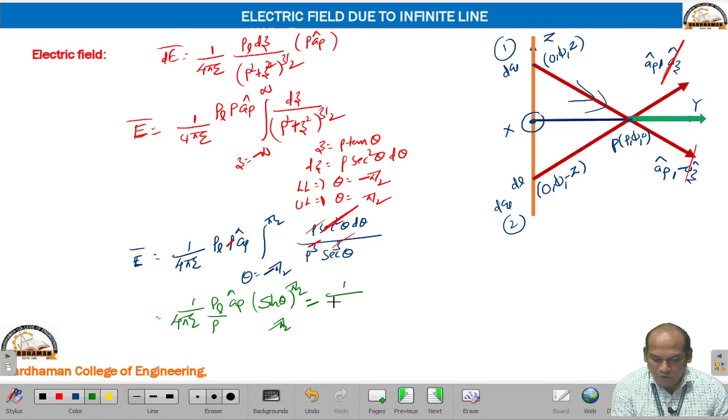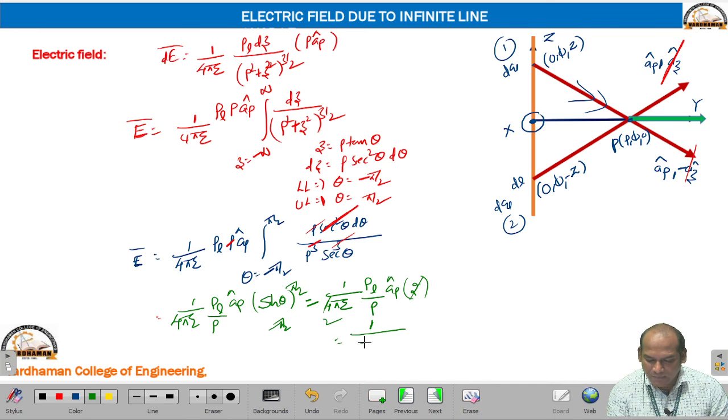So 1 by 4 pi epsilon rho L by rho A rho cap into 2. So 2 ones are 2, twos are, that means you have rho L by 2 pi rho epsilon A rho cap. This is our E bar. So the proof is over.